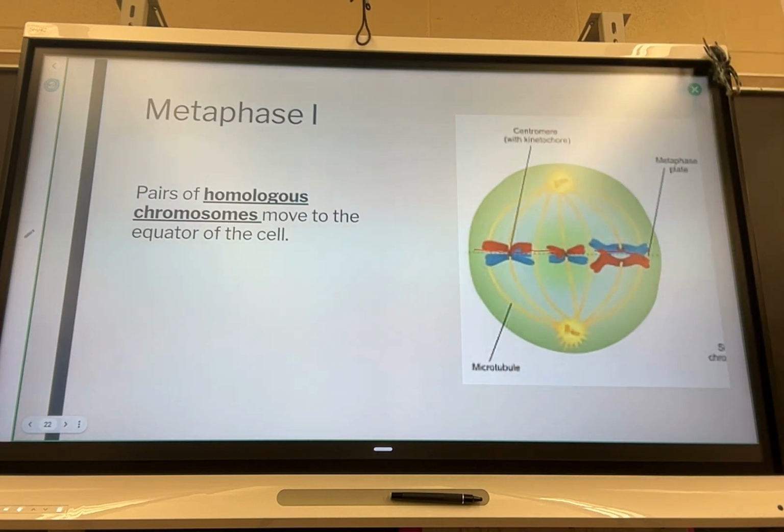So we're not swapping chromatids at this point. We are swapping whole pairs of chromosomes. That is the main difference to look at in these first steps: we are not working with individual chromatids. We are working with whole chromosomes.